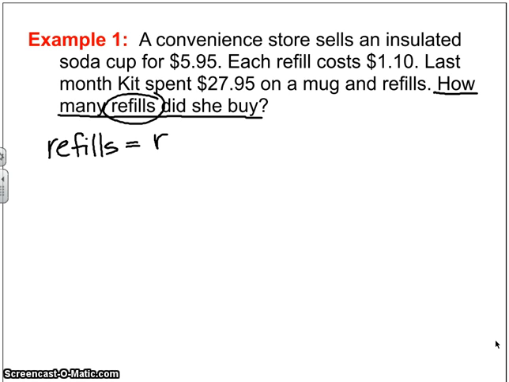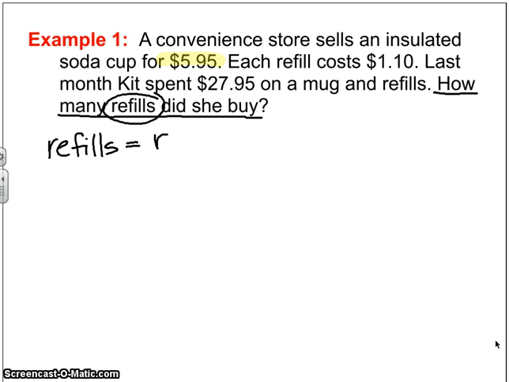Now let's go back and pull out the key information here. A convenience store sells an insulated soda cup for $5.95. One thing I want you to think about when you're doing these problems is whether what you're talking about is something that occurs one time, or something that occurs often.